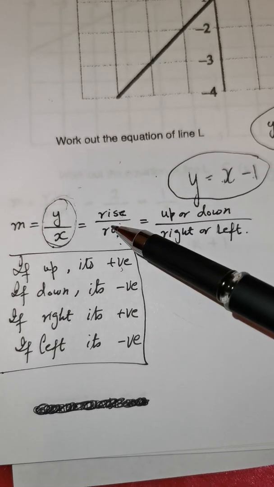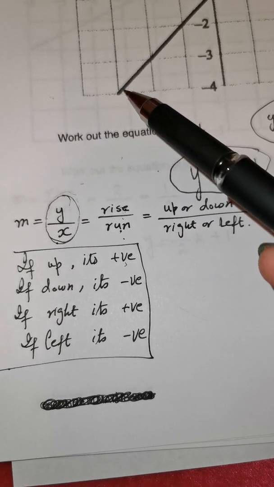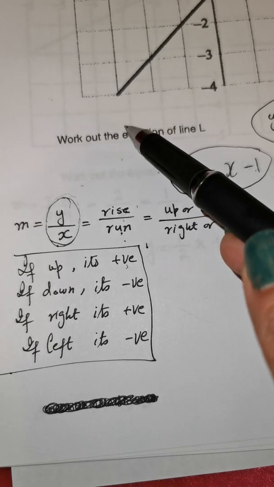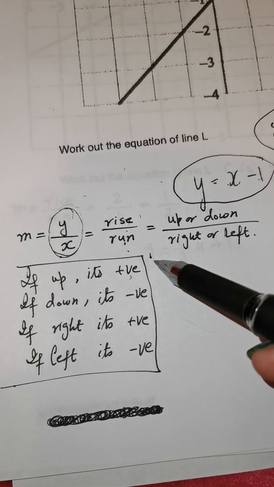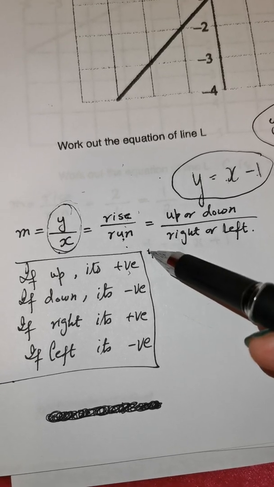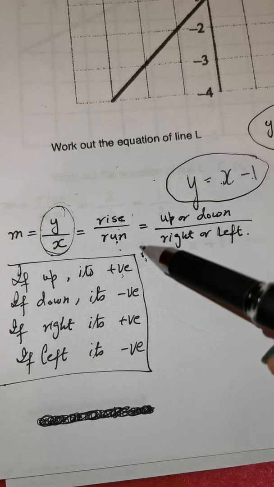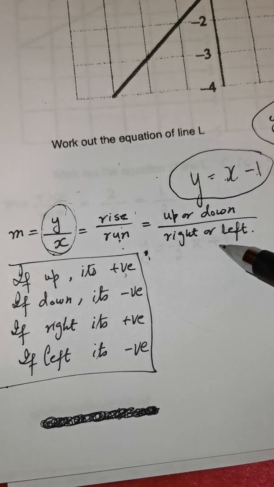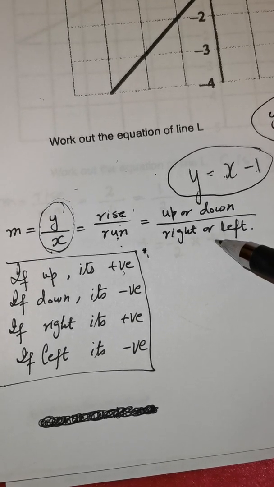So keep in mind when it is positive and when it is negative. When you are taking values from this point and going up, it is positive. But if your triangle is here and you have to go down, then your rise will be negative. If your point is here and you have to go to the right-hand side, then your run, or x-axis, will be positive.